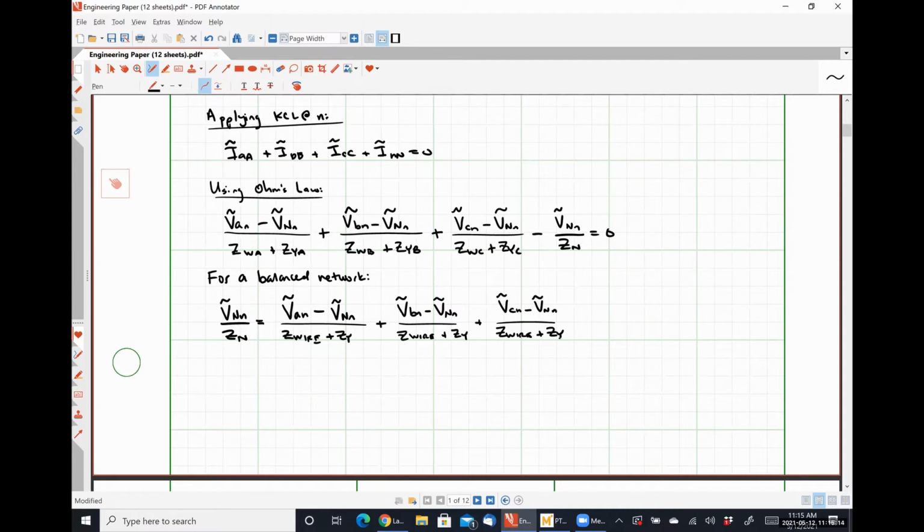And so I can see that I have a common factor of negative VNN over Z wire plus ZY. And I'm going to move that over to the left-hand side.